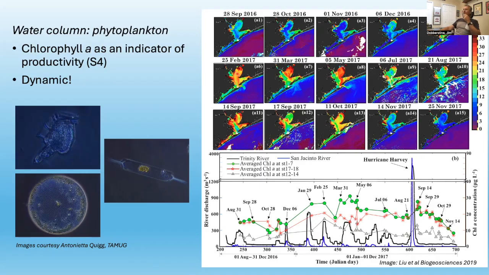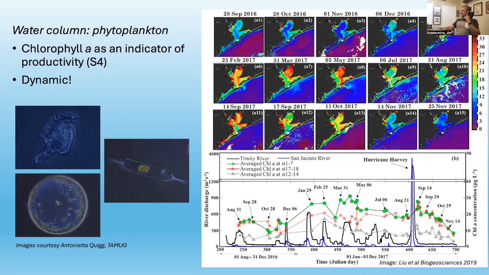So the amount of phytoplankton that are going to be present in any given area are going to be affected by the physical features, the bathymetry, the freshwater inflows, which all kind of affect that residence time and the amount of nutrients that are present. I like this graph that was part of this 2019 study, in part because it captures Hurricane Harvey.